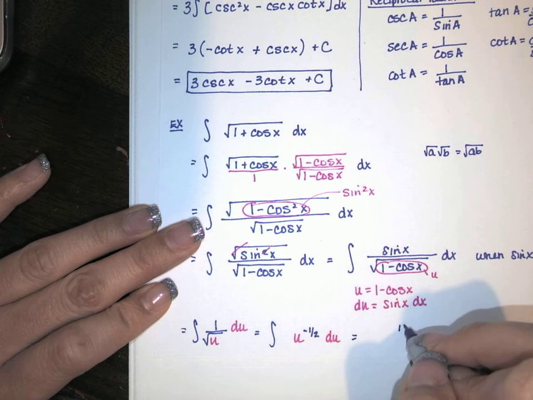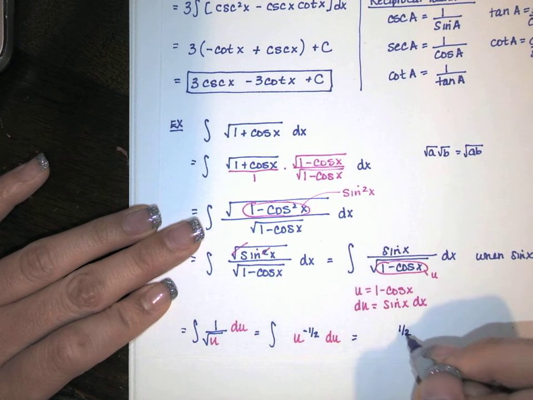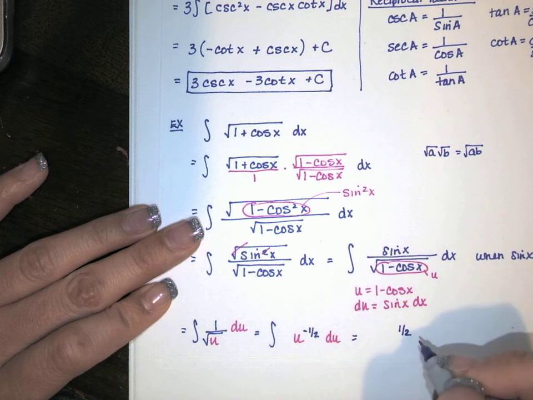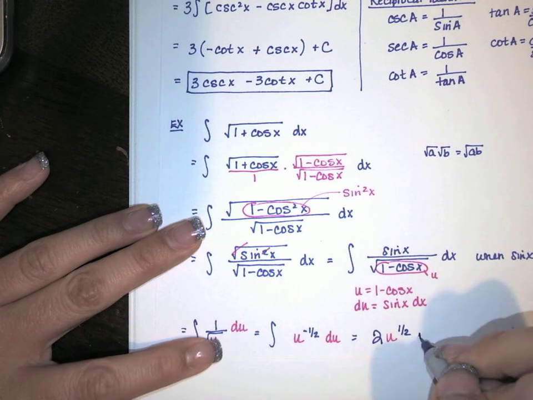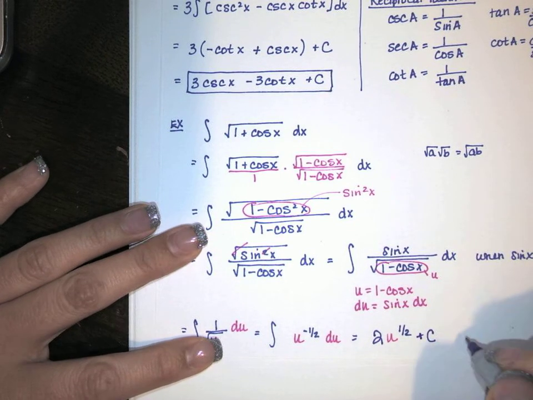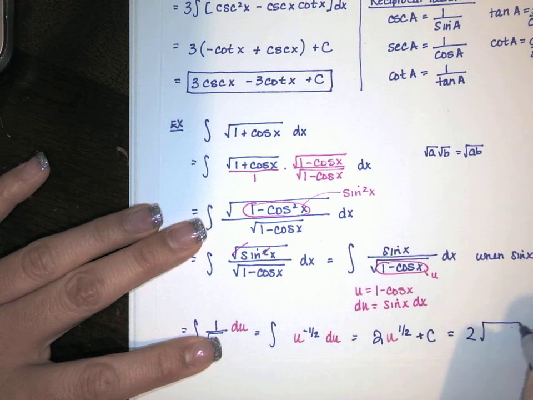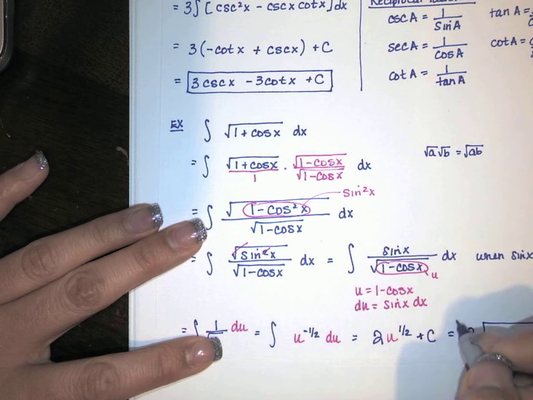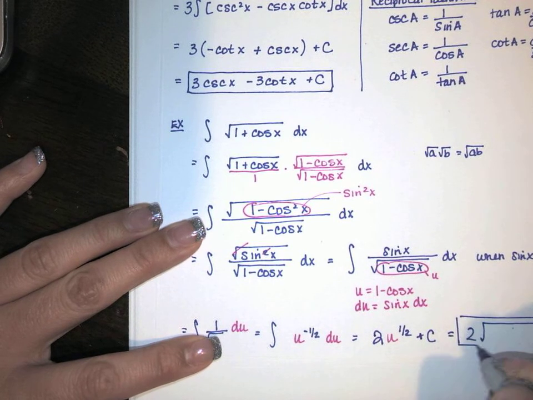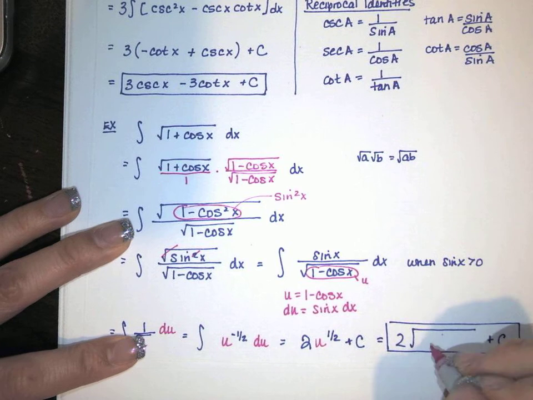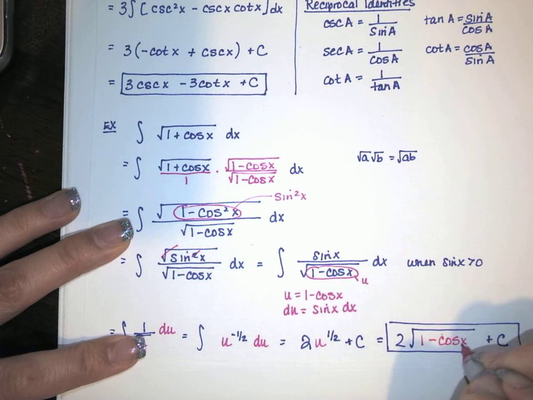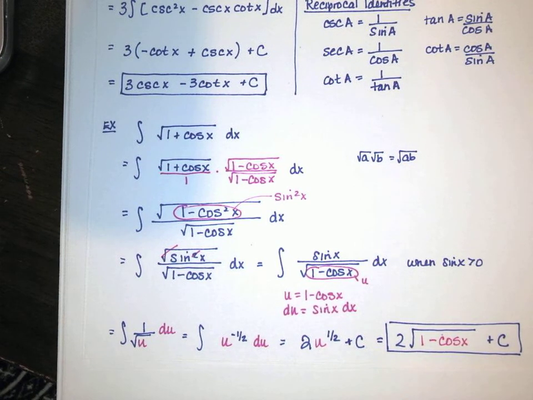Then we add 1 to the exponent, divide by the new exponent. Dividing by 1/2 is multiplying by 2. Don't forget to back sub, put your u in. So that's our answer, but I need an answer in terms of x. It's going to be 2 times the square root of u plus c, where u was 1 minus cosine of x. So that's multiplying by the conjugate, guys.